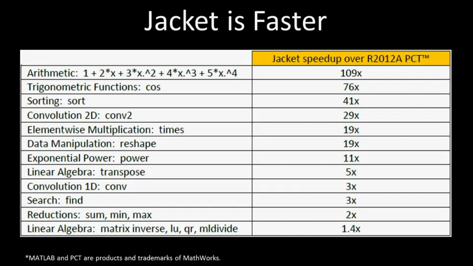Jacket is more capable. It's got linear algebra, image processing, signal processing, and statistics, just much, much more than is available with the Parallel Computing Toolbox. It's got a graphics library that Parallel Computing Toolbox doesn't have. Supports all NVIDIA CUDA devices. It supports OpenCL now, though in beta form.